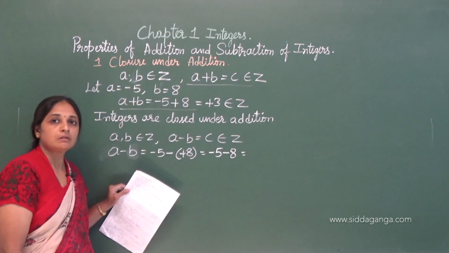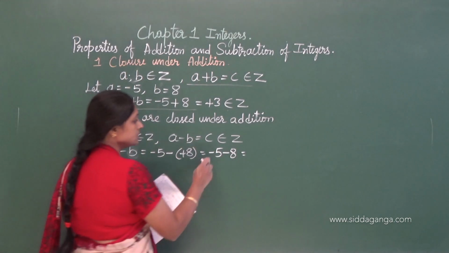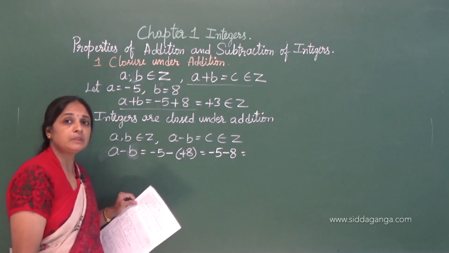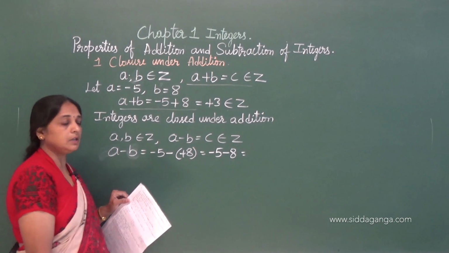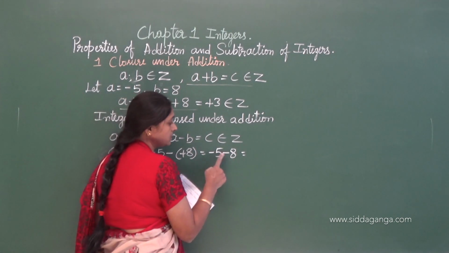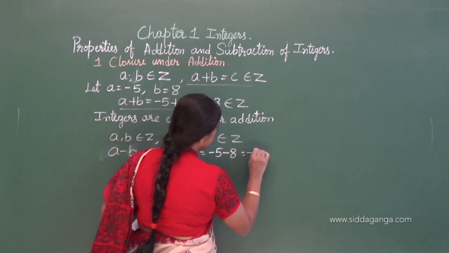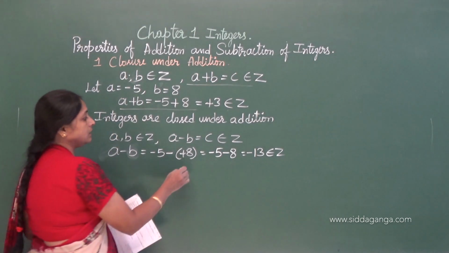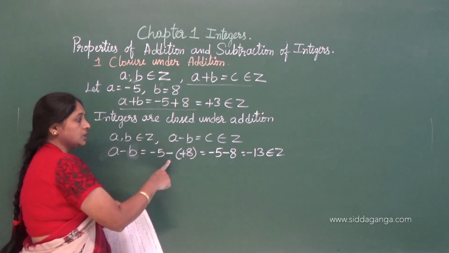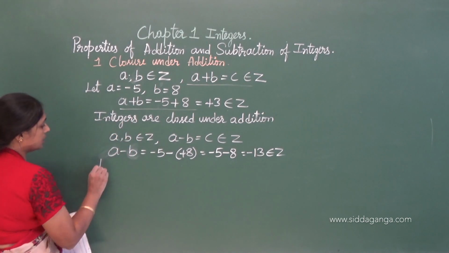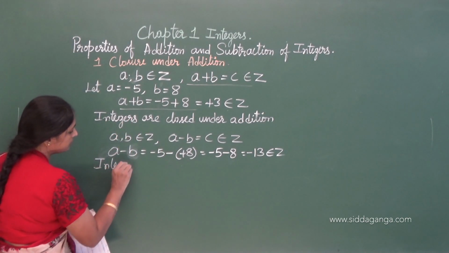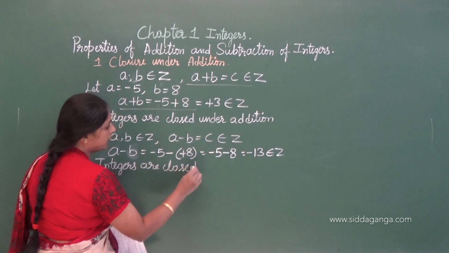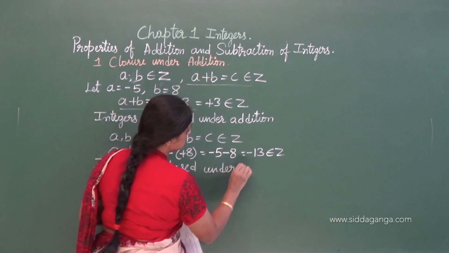Here we get two negative integers, then we can add both of them. Neglecting the negative sign, we add the numbers first. 5 plus 8 is 13, so it's minus 13, and it also belongs to Z. Here it satisfies the condition, then we can say that integers are closed under subtraction.